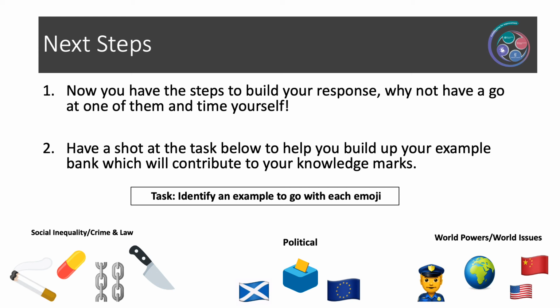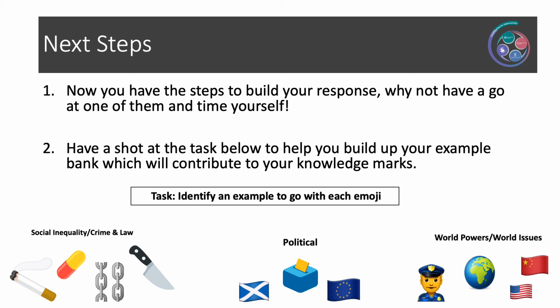We want to build up your content and your knowledge, and help you bring in some statistics and relevant examples that will contribute to your knowledge marks. Below, you see a number of emojis for each section. Try to look back through your notes and put an example to match each emoji.